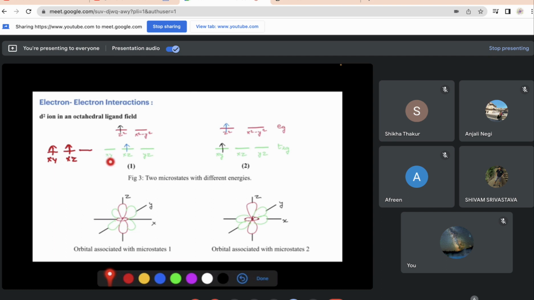For example, my XY electron goes from T2G to Z2, and for the same transition, instead of my DXY electron, my DXZ electron jumps from T2G to EG, the Z2 orbital. So in total I have only depicted two microstates with different energy for one of the excited states.